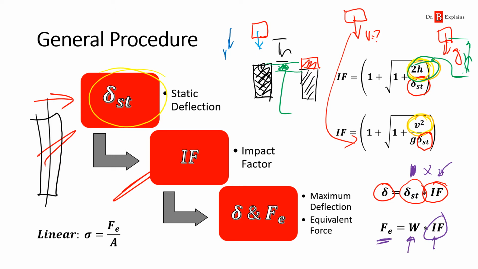If we want to calculate, for example, the maximum stress developed, we know that the equation for stress is just force per area. In this case, we're going to use the equivalent force, which is just a magnified or blown up number of the initial weight of the mass striking the object, again, times the impact factor.